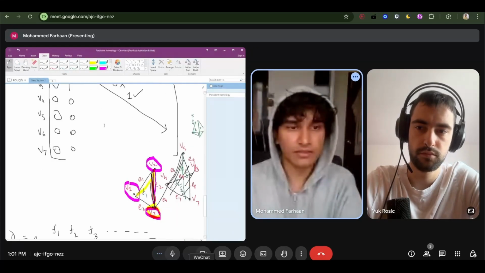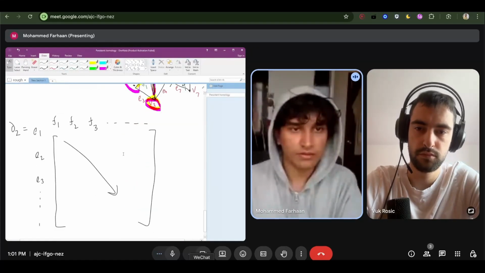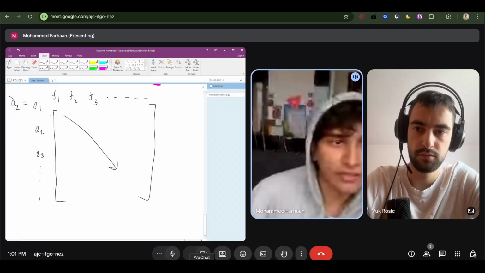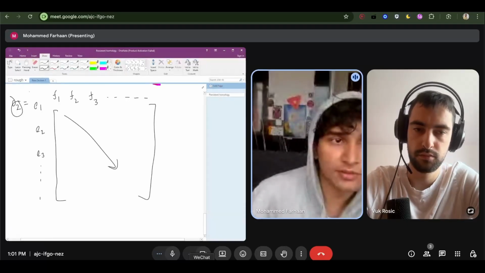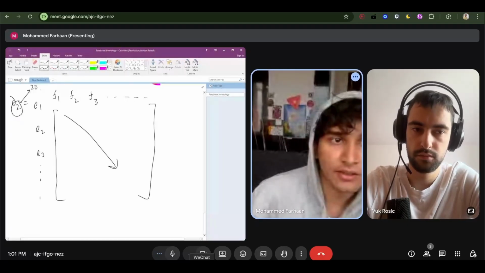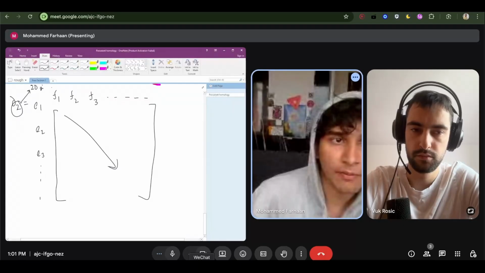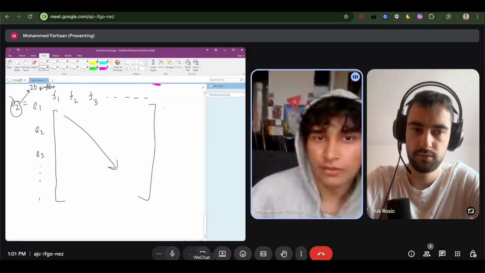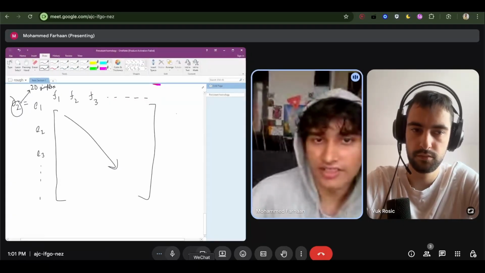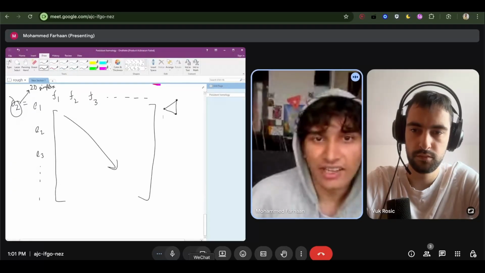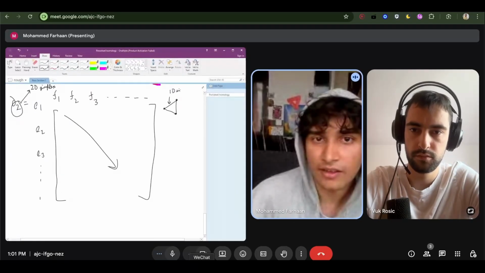Similarly, over here, this 2 now corresponds to a 2D simplex. Now we have a triangle, and we're seeing which 1D simplexes lie in our overall 2D simplex.